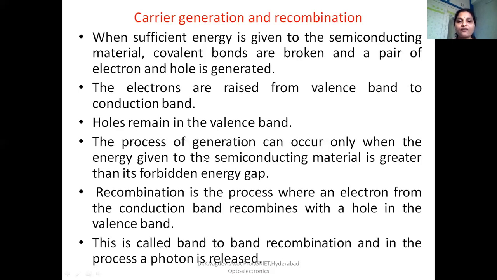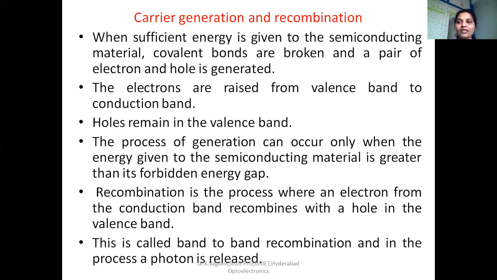So the process of generation can occur only when the energy given to the semiconducting material is greater than its forbidden energy gap. Recombination is the process where an electron from the conduction band recombines with a hole in the valency band. This generation and recombination is a continuous process when energy is supplied to any semiconducting material.